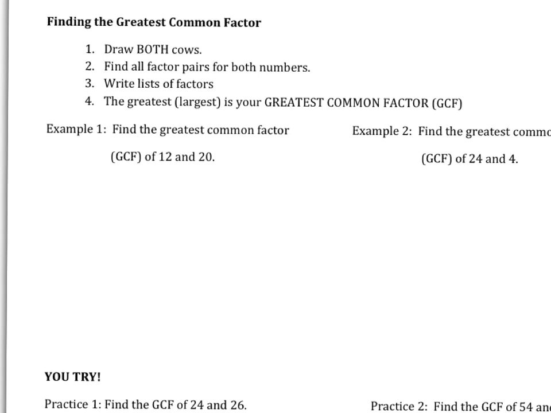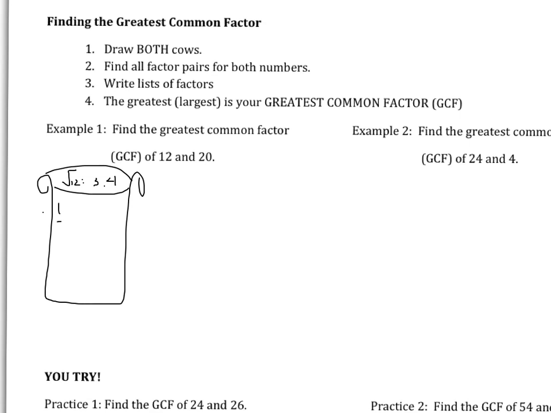So our steps are very similar to just finding the factors, except now we have two numbers. So our first thing we're going to do, step one, is we're going to draw both cows. So I'm going to draw a cow for 12 first. I'm going to take the square root of 12, which is 3.4, so I know that I need to go up to 4.